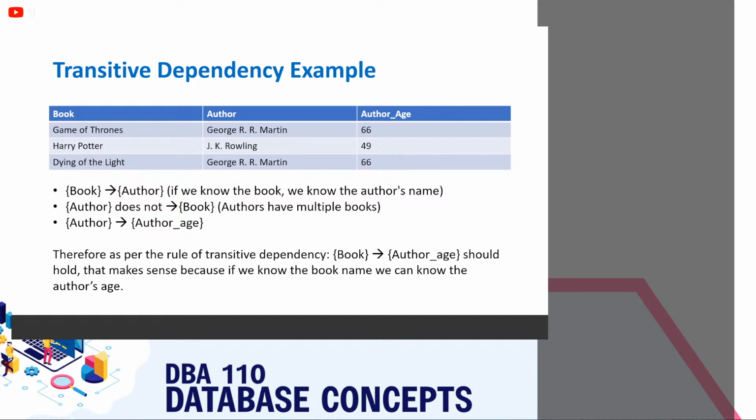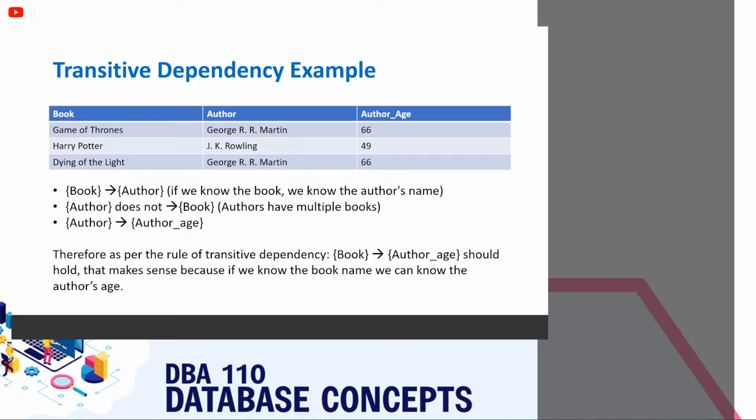It's only linked through that center chain link of the author name. Otherwise, if we took the author link out of the equation, it wouldn't necessarily make sense. And so that's what makes this a transitive dependency.